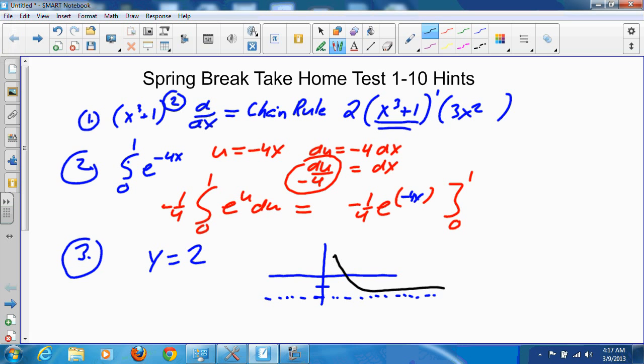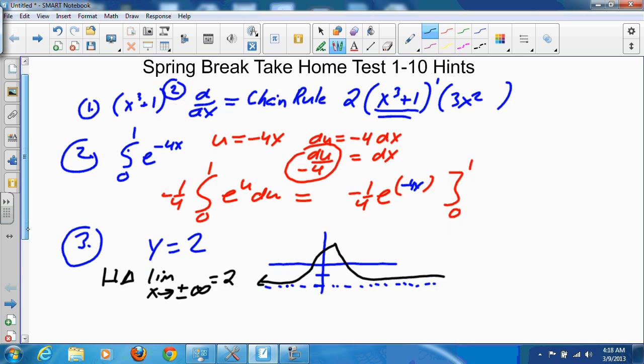Who really knows exactly what it looks like? But it approaches that, becomes an asymptote, right? So thinking back about the definition of a horizontal asymptote, the calculus definition, as x approaches infinity, it's going to equal that value. So keep that in mind when you're solving this problem.